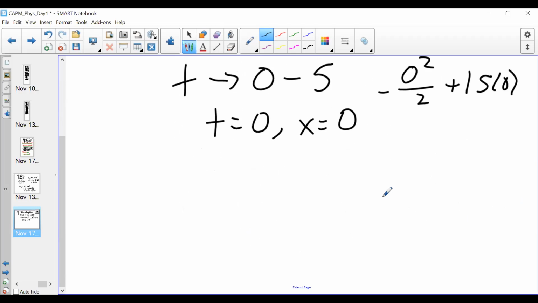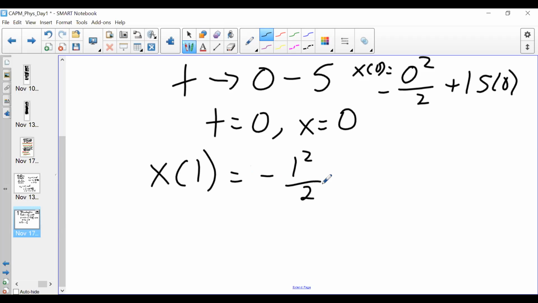Now, I should have done this like this. X of 0 equals this stuff here. So x, when t is equal to 1, what is my position going to be? Well, it's going to be negative 1 squared over 2 plus 15 times 1, or 15.